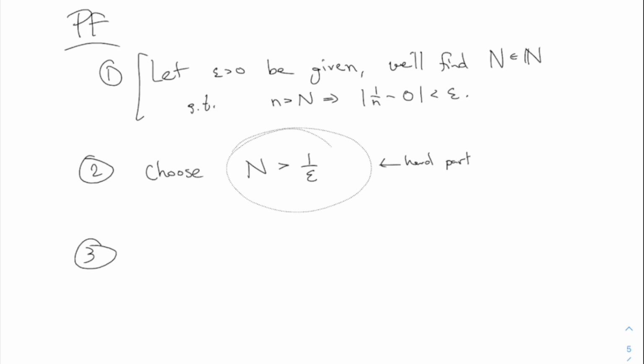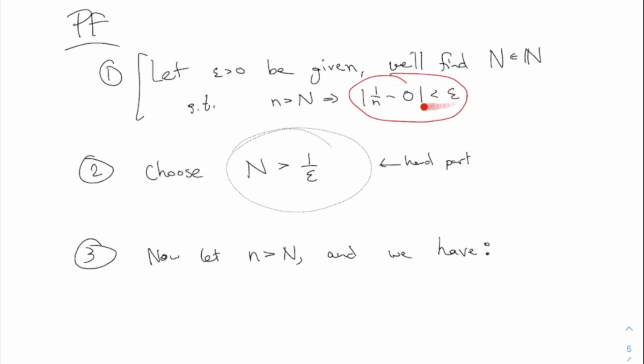And then step 3 is now you just verify that that N actually satisfies this property here. So how do we verify that? We let little n be greater than the big N. And we have, and here I am going to demonstrate what the ultimate conclusion is. In order to demonstrate this inequality, I'm going to start with the thing on the left side and do a bunch of simplifying.